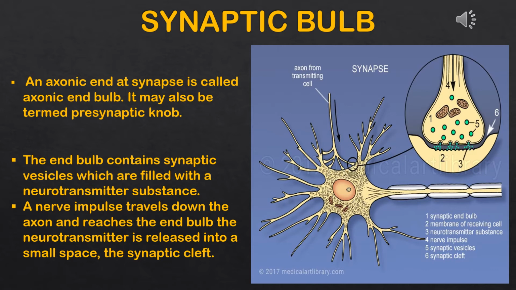That means the synaptic bulb is generally found over there. That's why it has been shown only in the neuron diagram. Hope you have understood the labeled diagram properly. So now you can draw it and label it properly. And don't forget to give the caption.